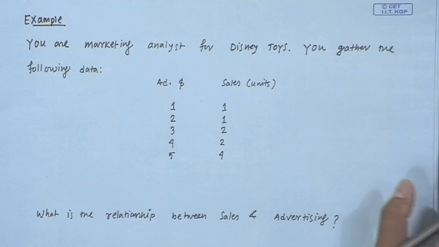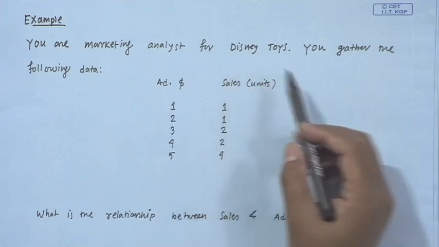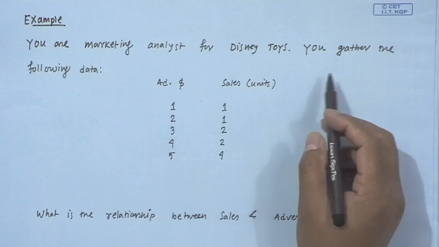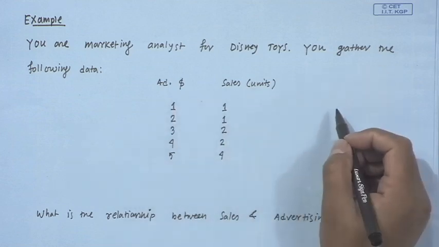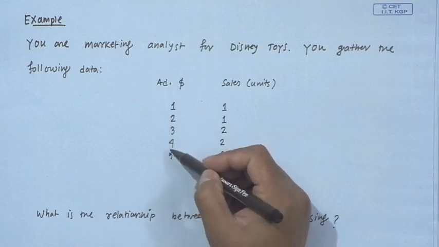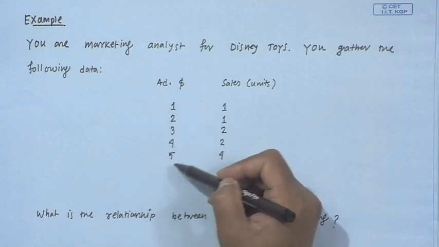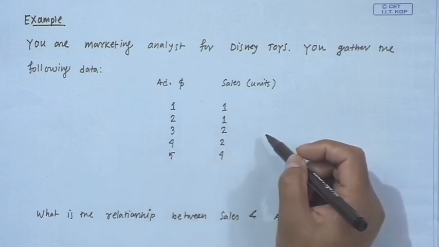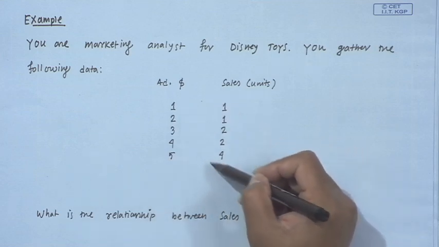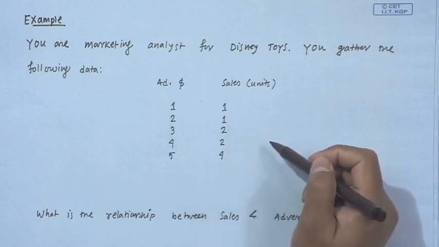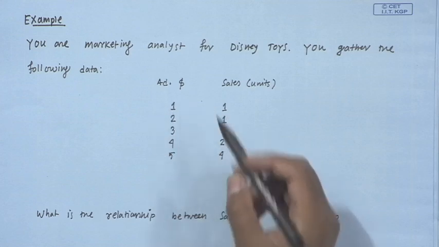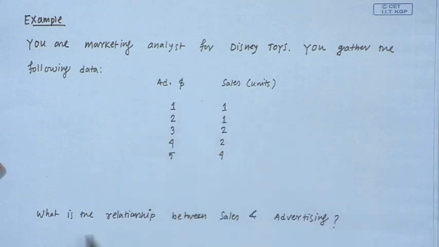Suppose you are a marketing analyst for Disney toys and you gather the following data. The first column is advertising cost and the second one is sales amount.